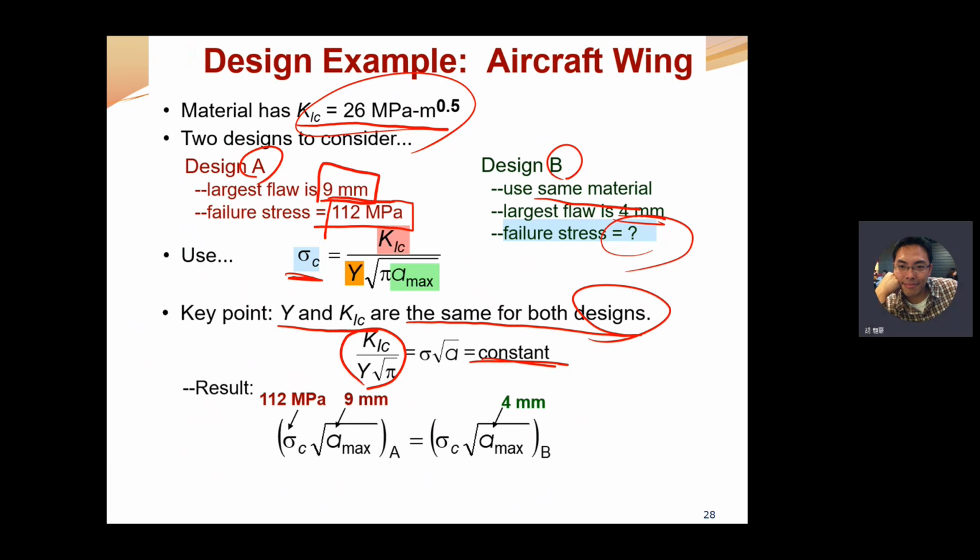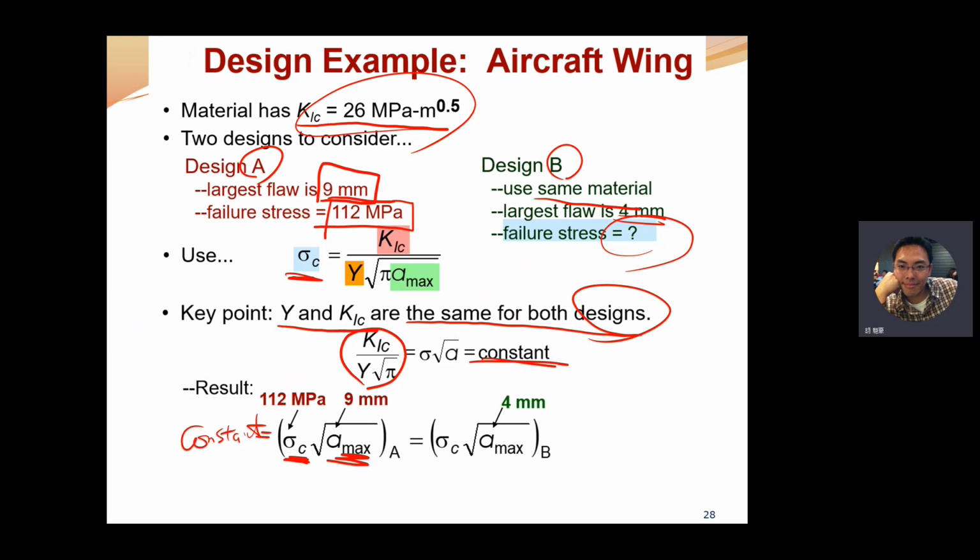Therefore we can compare these two designs. For design A, we already know the critical failure stress is 120 megapascal, and we know the largest flaw size, equal to a constant.